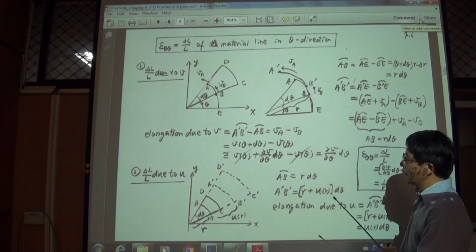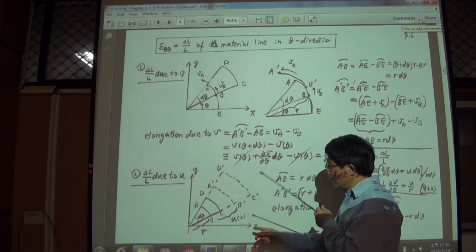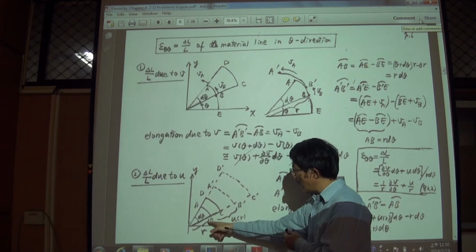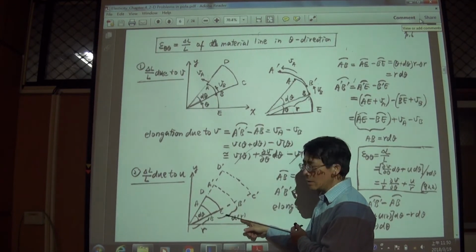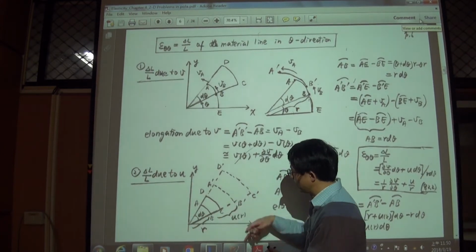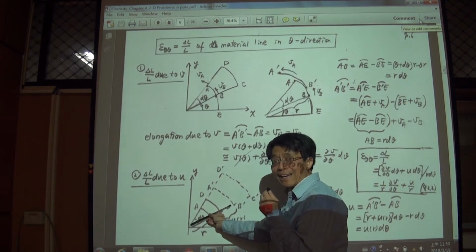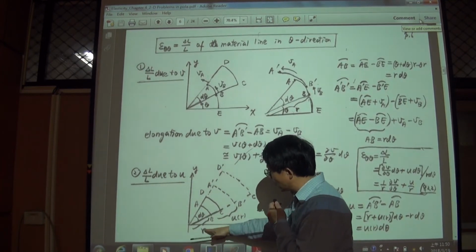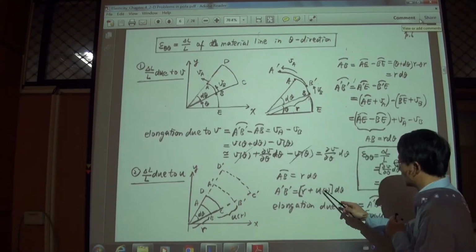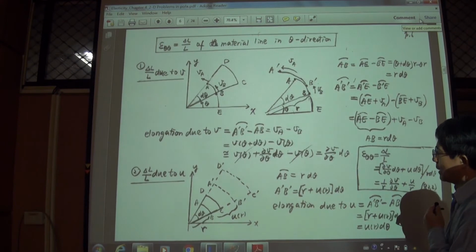But how about A'B'? A'B' has the bigger radius, R plus UR. So this length is equal to R plus U times the theta. This is A'B'.